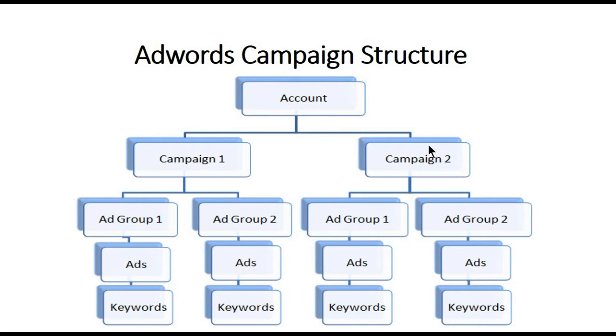So guys, this is called the Adword campaign structure: account, campaign, ad group, ads and keywords. This is very important guys. So just learn this campaign structure first, so that you get an idea about the basics of the structure of Google Adwords.